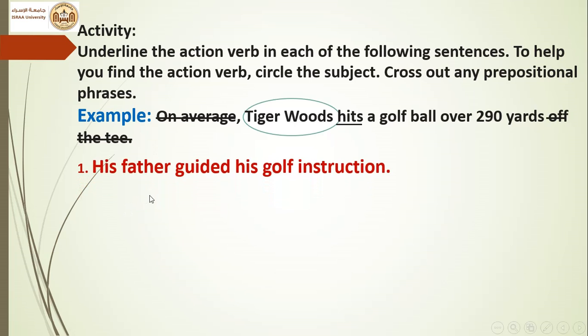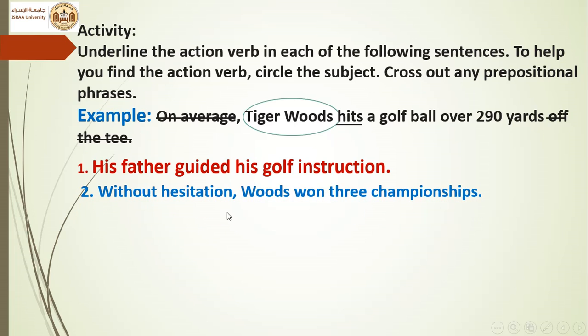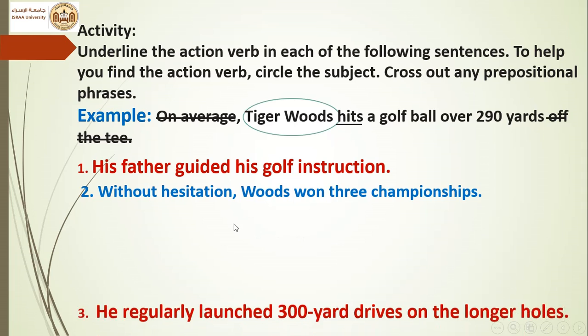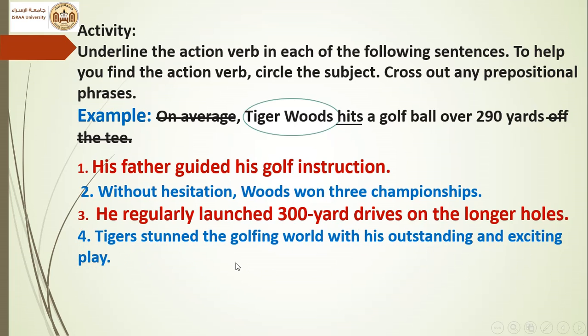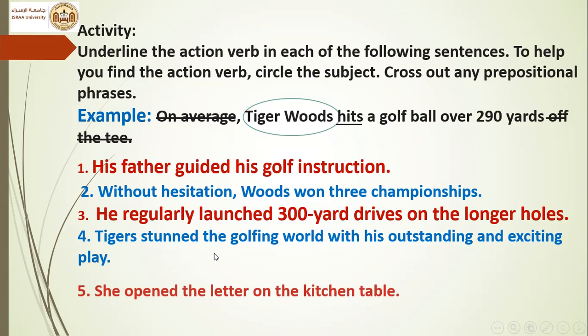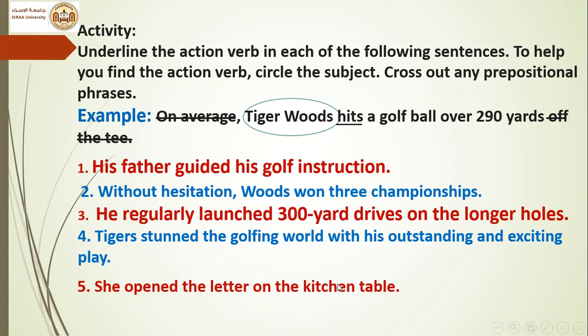You are going to do the same with the following sentences. Number 1, his father guided his golf instruction. Number 2, without hesitation, Woods won 3 championships. Number 3, he regularly launched 300-yard drives on the longer holes. 4, Tiger stunned the golfing world with his outstanding and exciting play. 5, she opened the letter on the kitchen table.